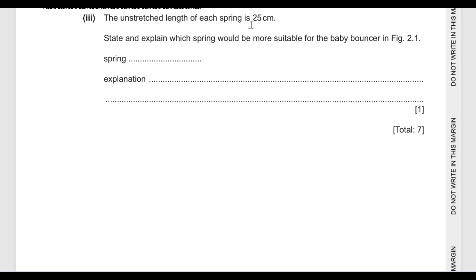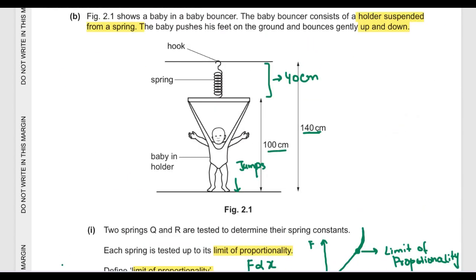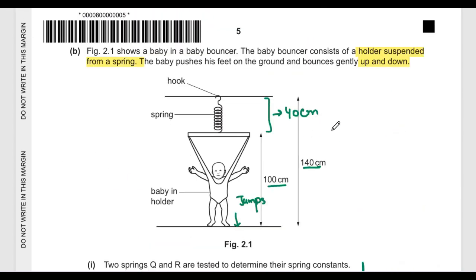Second question is saying the unstretched length of each spring is 25 centimeters. State and explain which spring would be more suitable for the baby bouncer, spring P or spring Q, and you have to give your explanation as well. So if we see, the spring Q has extension of 15 centimeter and R has extension of 110 centimeter. And the unstretched length of spring is 25 centimeter.